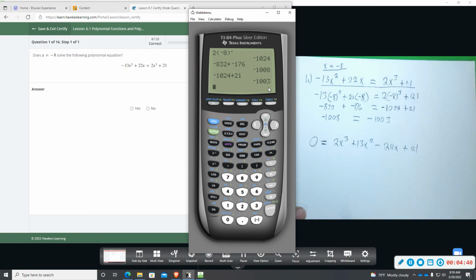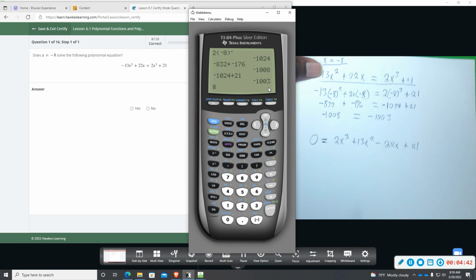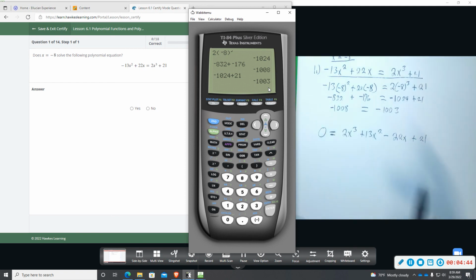Now these are some big numbers, so I still may use the calculator, but here's the method with this one. You put it in order from largest degree to smallest, and you make sure you have all your terms, which means you start with your biggest number and you count backwards to 0. 3, 2, 1, 0. So I have all my terms.